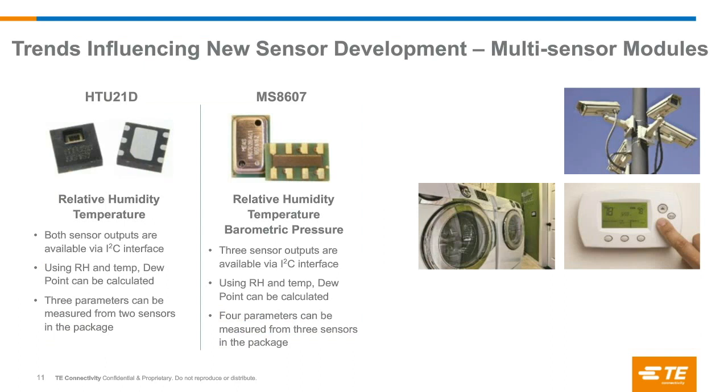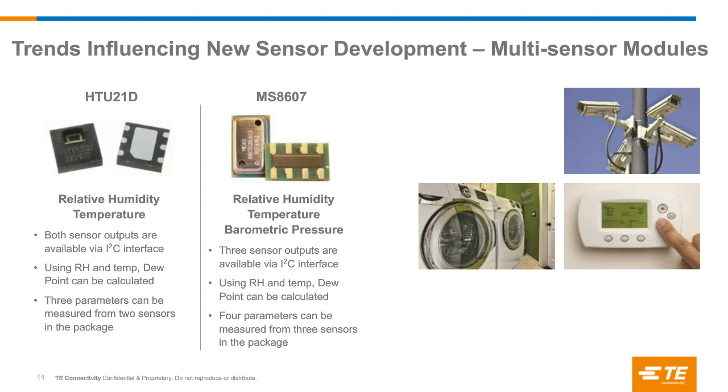The next trend that we're seeing is in what we call multi-sensor modules. This is an extension of the miniaturization trend a little bit. Customers are asking us to put more than one sensor capability into a single package.